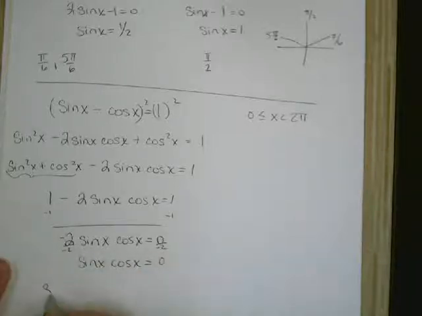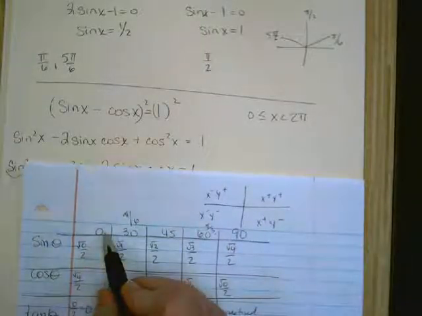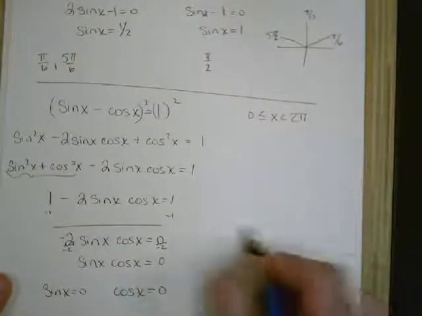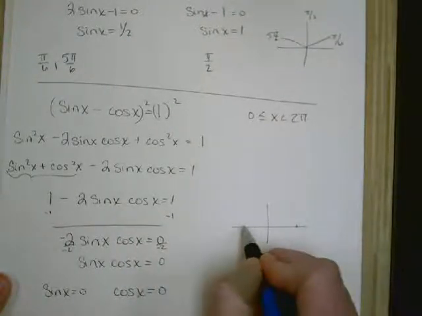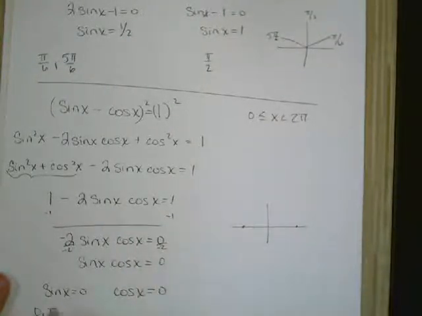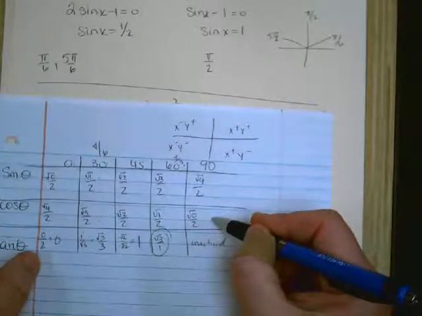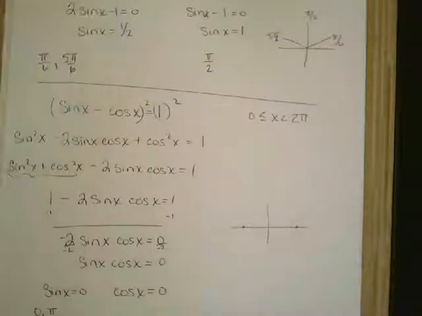Either the sine of x could be 0 or the cosine of x could be 0. Well, sine is 0 at 0 and at pi. Cosine is 0 at pi over 2 and 3 pi over 2.